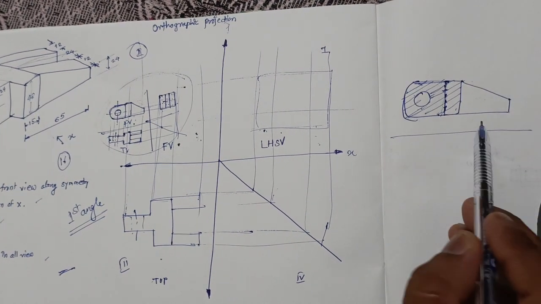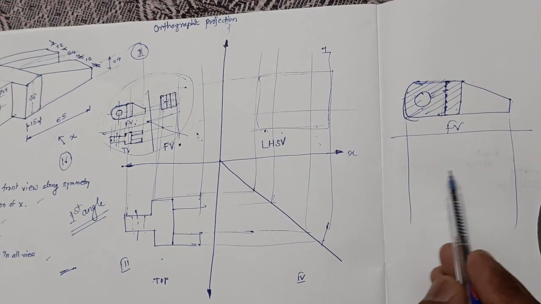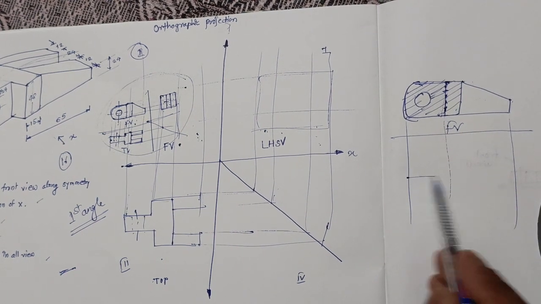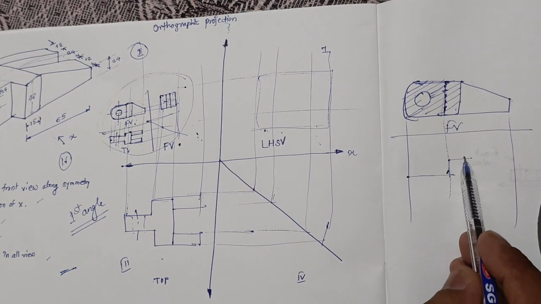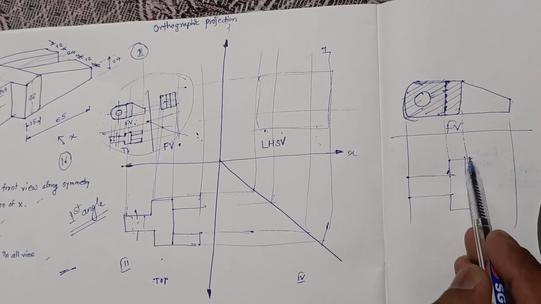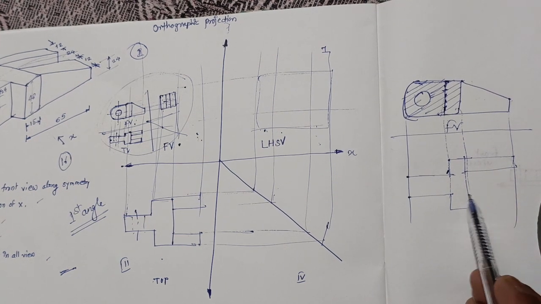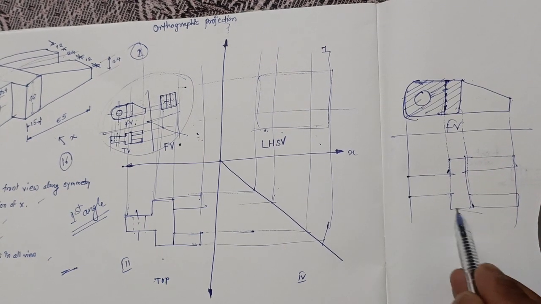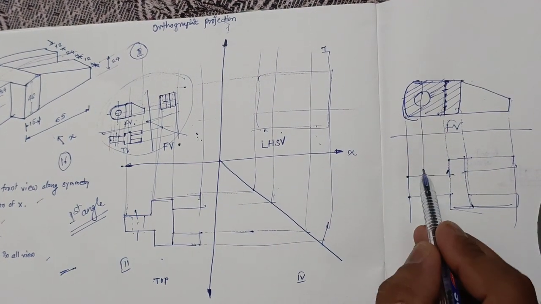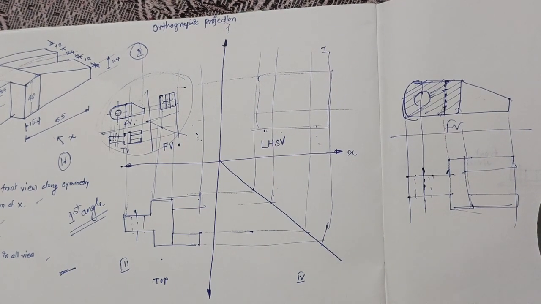And similarly, this would be the front view, and then you take its top view like this. The circular hole projections you need to draw, then dotted lines, right?